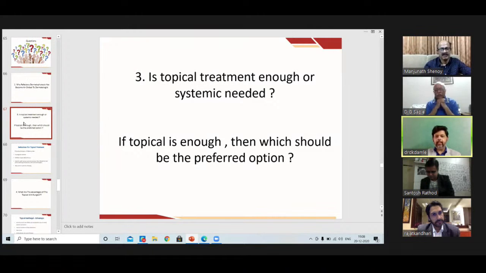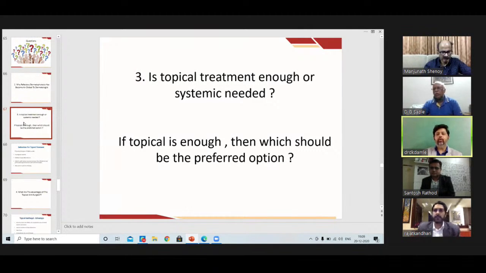In the current scenario, it's almost impossible to concur that topical treatment is enough, because when we were doing our postgraduation, there were a lot of treatment-naive patients. But now none of the patients we come across will volunteer that he has not taken any treatment.